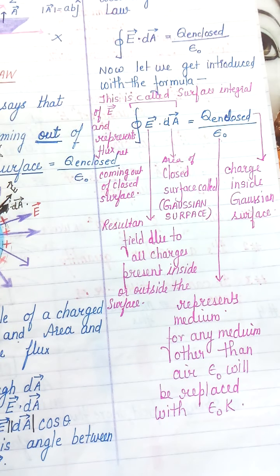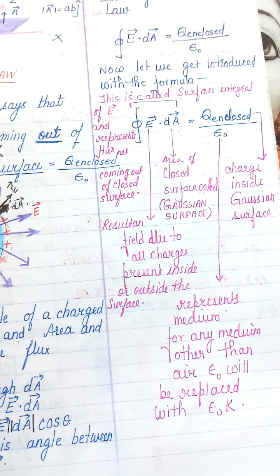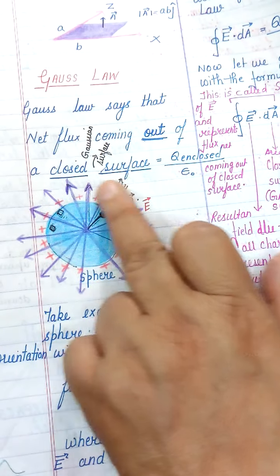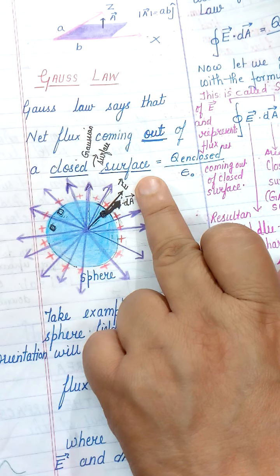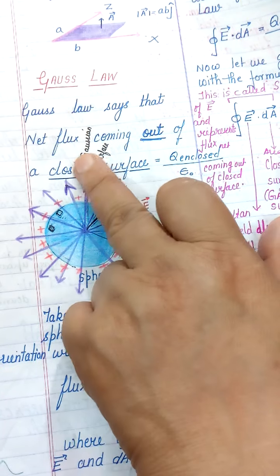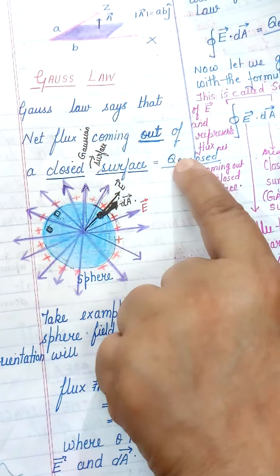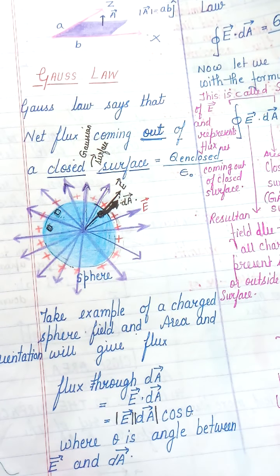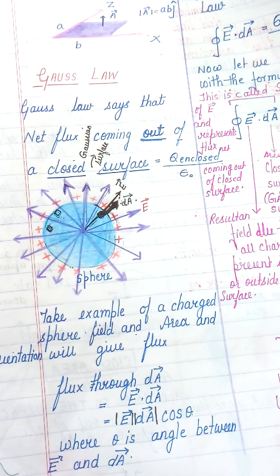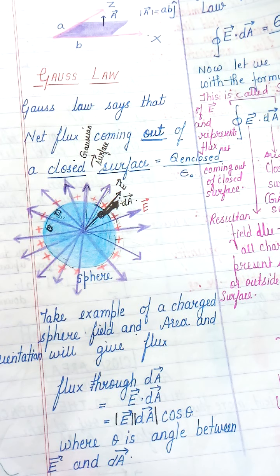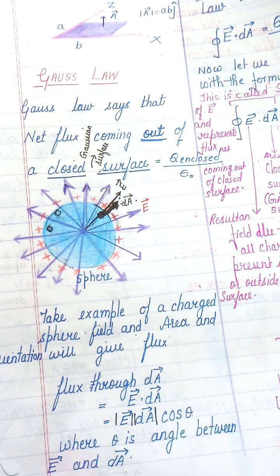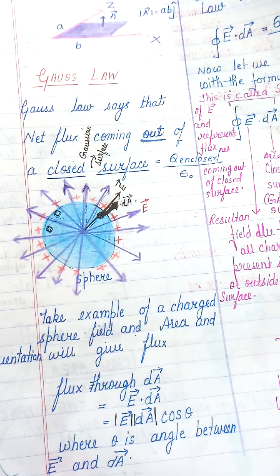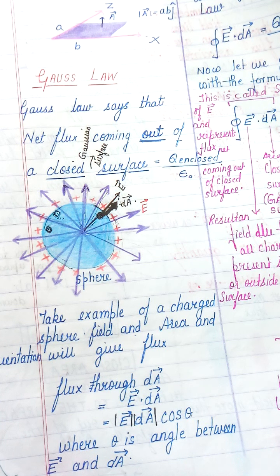So finally Gauss law is net flux coming out of the closed surface, that is Gaussian surface, is charge enclosed upon epsilon naught. This is Gauss law, and it says that surface integral of electric field is equal to Q enclosed upon epsilon naught.